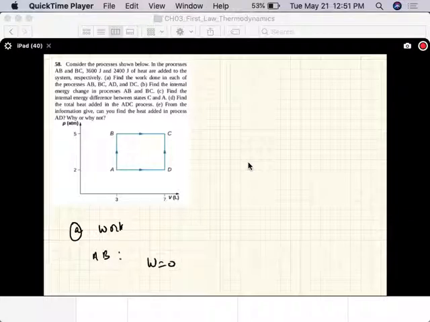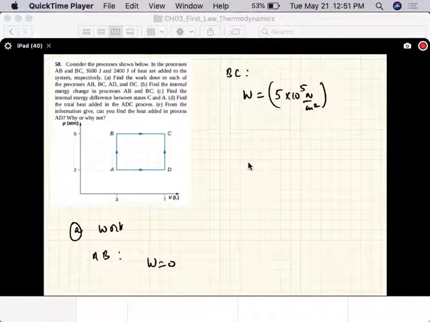It's an isochoric process. For the process BC, the work done is 5 atmospheres, the height, times the width, which is 4 liters, and each liter is that many meter cubed. So 2,000 joules.